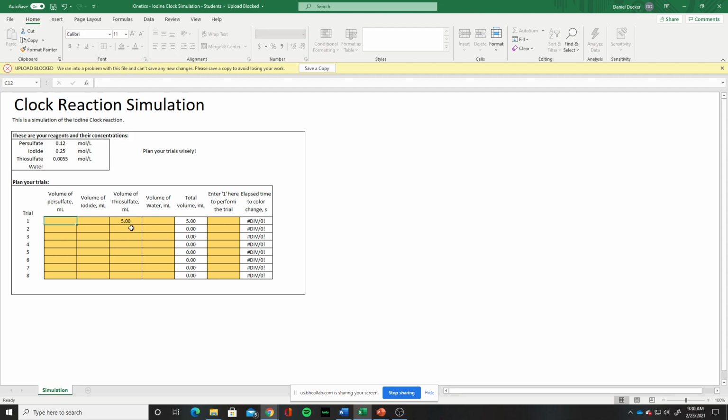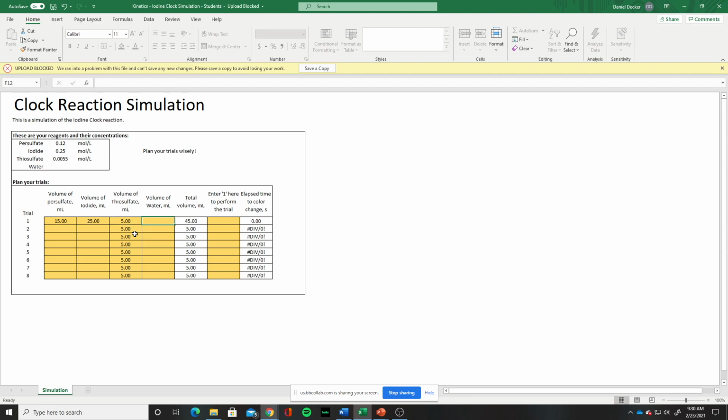Since this is 5, if you remember I said the thiosulfate should be the same for all of them. So just make all those 5. We'll just pick a random value for the persulfate. Let's say 15 for that, and we'll do 25 for this.